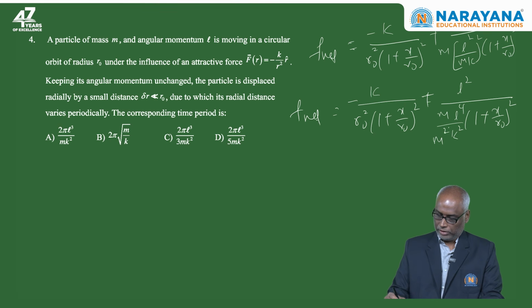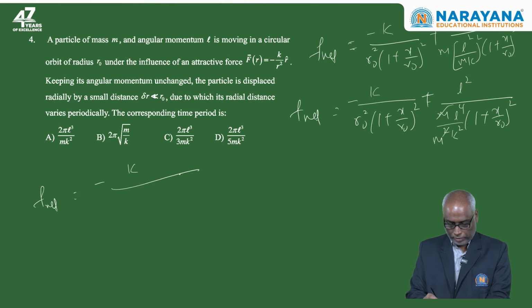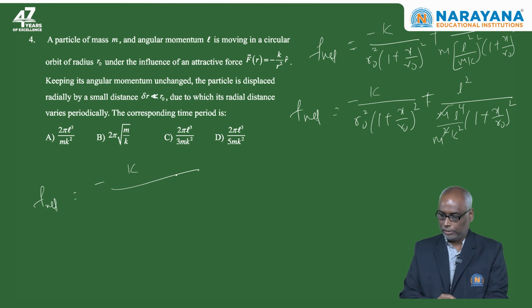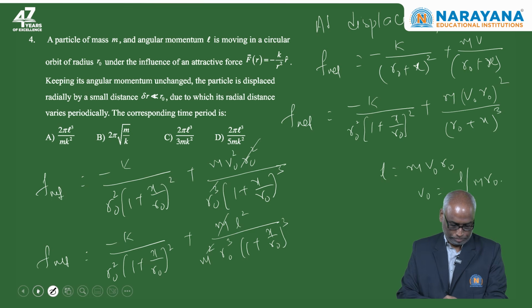Now in this equation this m and this m will get cancelled, one L square and one L square will get cancelled. Here also I can say net force is equal to minus k divided by r naught square, where r naught square can be replaced as L square divided by mk.